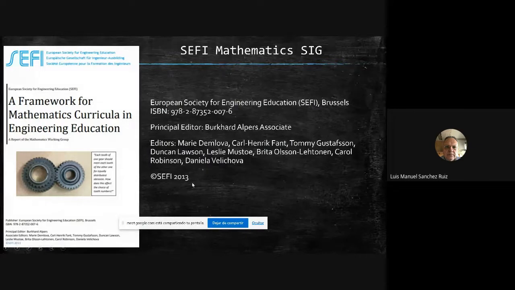It has been very recently updated. They have gone back 2 years ago. They have updated it slightly, and it is very easy to have access to it. I mean, just writing a SEFI mathematics working group or something like that, or a special interest mathematics working group.